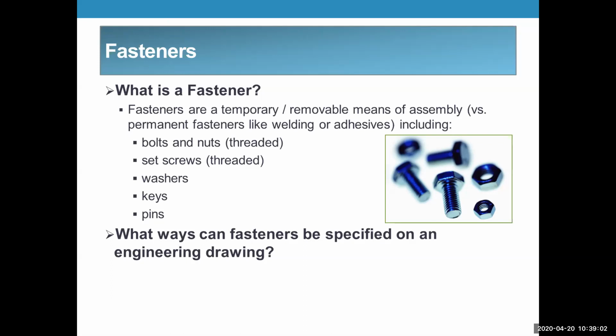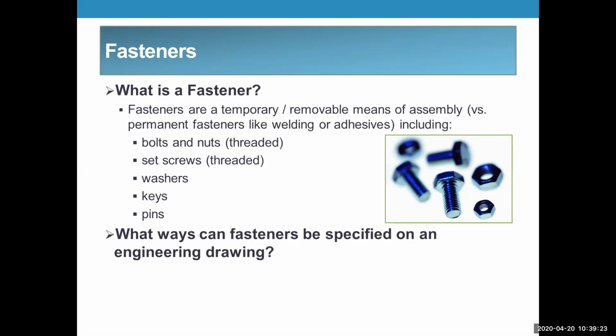Yep. But we're talking about, in this, at least their description, some type of physical addition that goes beyond just the press of two parts together, or a weld, which basically makes two parts one.